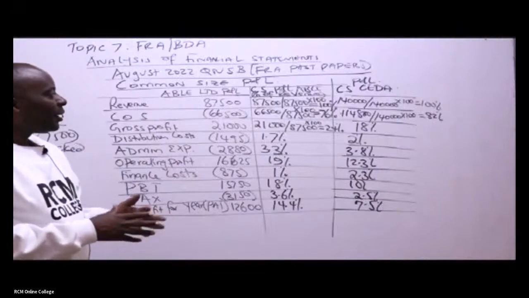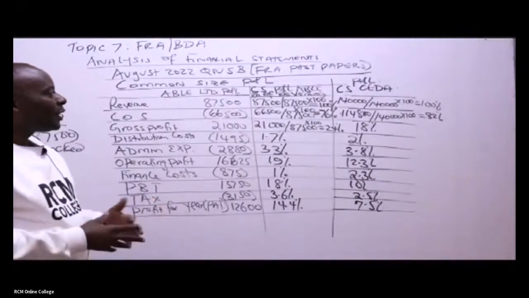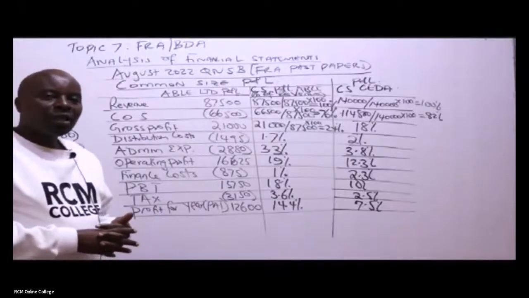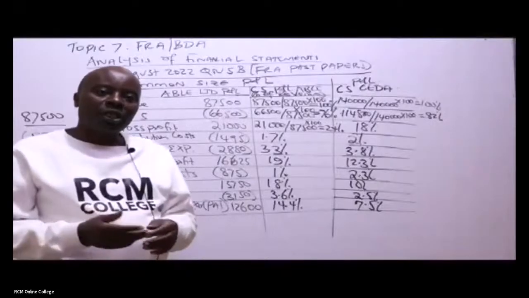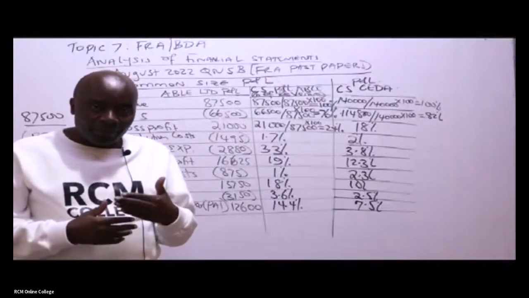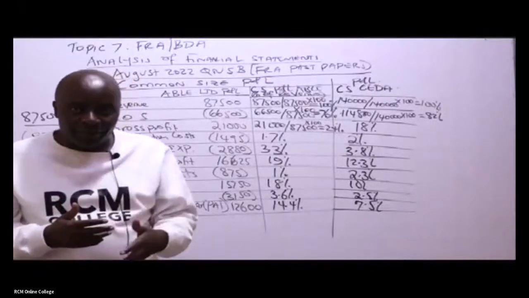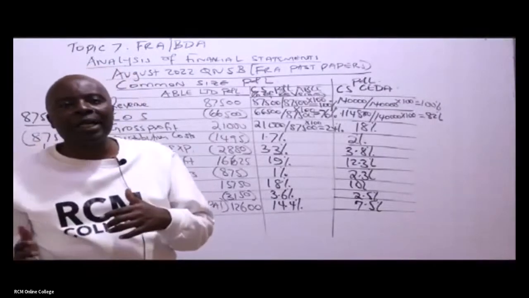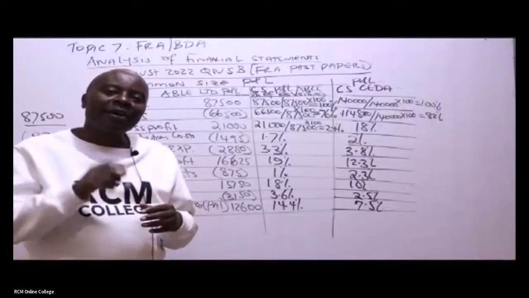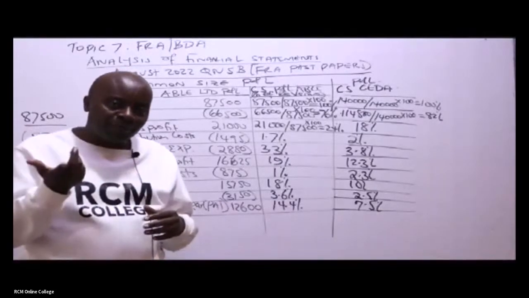Ladies and gentlemen, if you are the investor, in terms of these profitability ratios, which company will you invest in? If you're a potential shareholder, remember, shareholders are very greedy. They don't even want to look at how the expense structure is. They are always there to maximize profits.